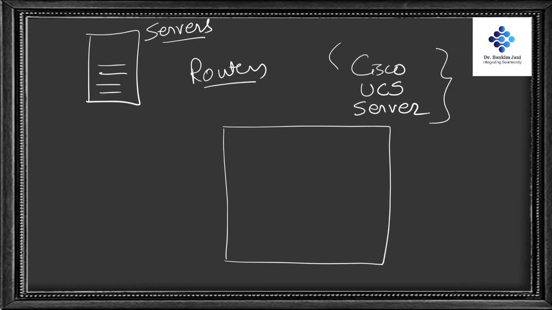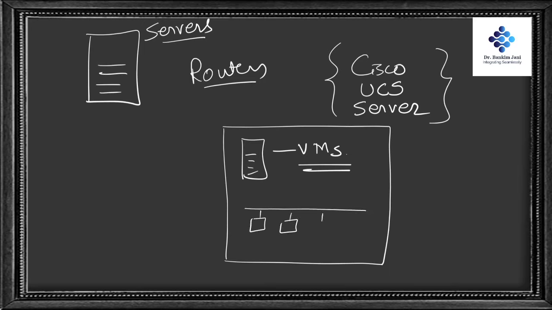Yes, it's a box. What can it do? It can create several virtual machines. So it's one physical box, but when someone watches on the network, they will see multiple machines. And that's the beauty of Cisco UCS.